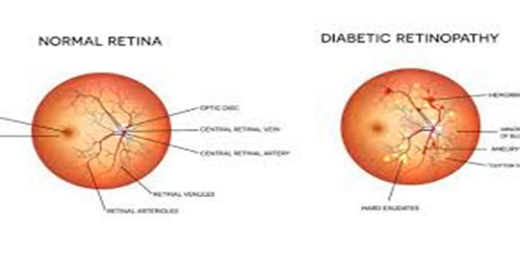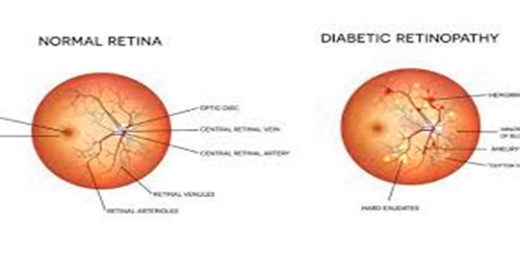Diagnosis of diabetic retinopathy. To diagnose diabetic retinopathy, an eye care specialist will perform a comprehensive eye exam that includes a dilated eye exam. Eye drops are used to dilate the pupils, allowing the doctor to examine the retina for signs of abnormal blood vessels, swelling, bleeding, or scar tissue. Optical coherence tomography, OCT.